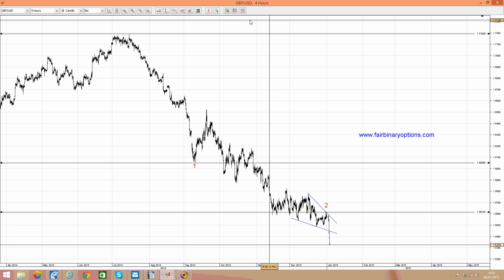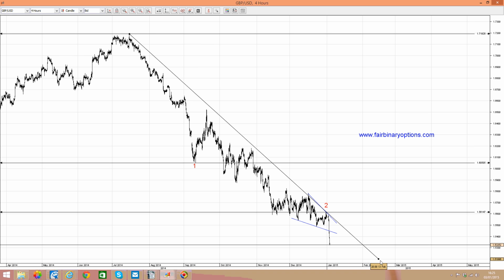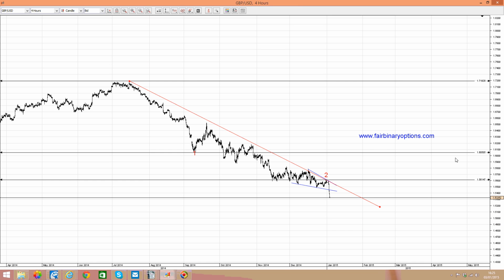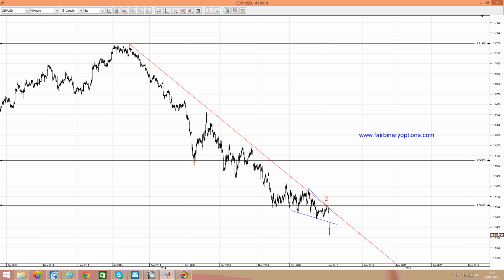So what I'm trying to say is that we should now take the 0 to 2 trend line and project it to the downside here. Let's change the color for it so that we know that price action from this moment on until the extension comes should be below the 0 to 2 trend line here. So we can even have much more retracement levels.